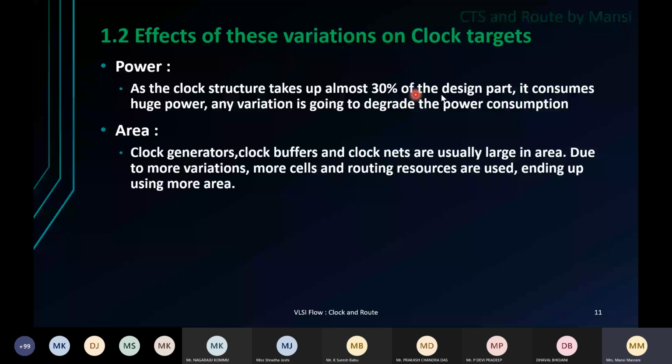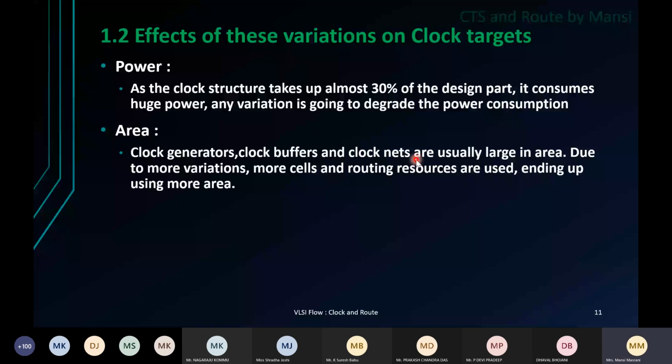And in the same case of area, clock generators, clock buffers, clock nets are huge in area, and due to more variations you will end up using more cells, more routing resources, and this will end up using more area. These two are the common targets which get affected, but the major one which gets affected is timing.